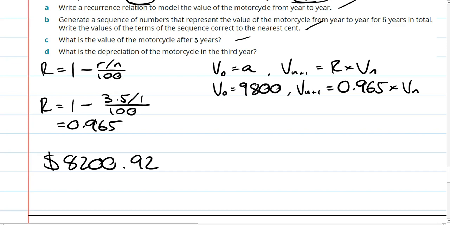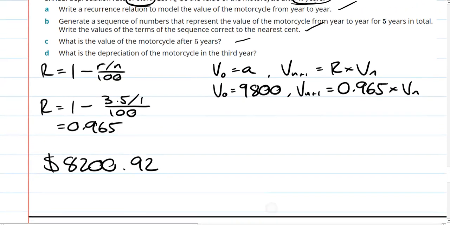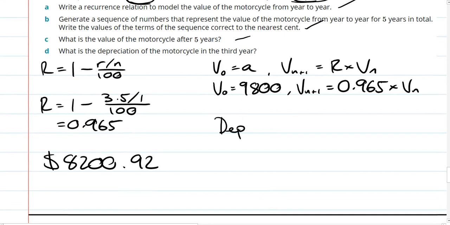Now D, what is the depreciation of the motorcycle in the 3rd year? The depreciation is actually the loss in value. So if we want to know the depreciation, we need to know V3 and V2, and subtract them from each other.